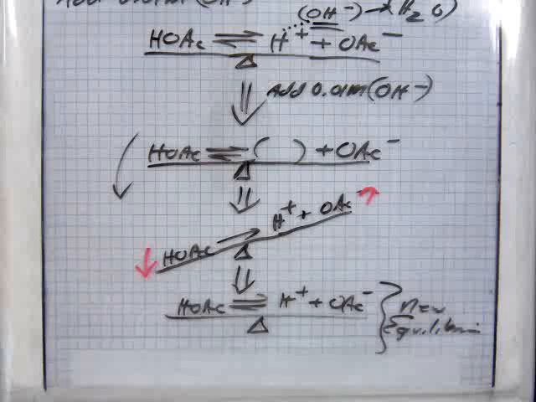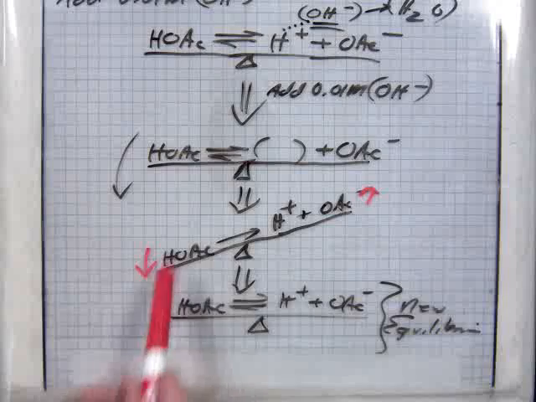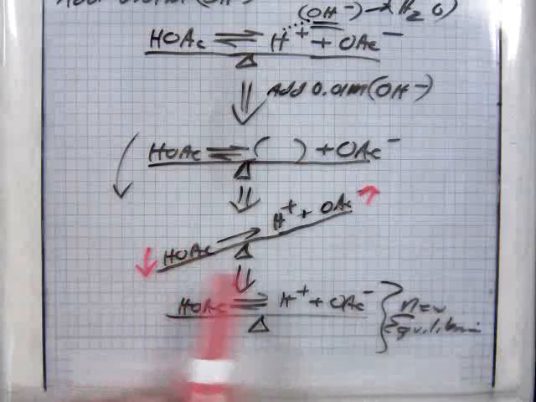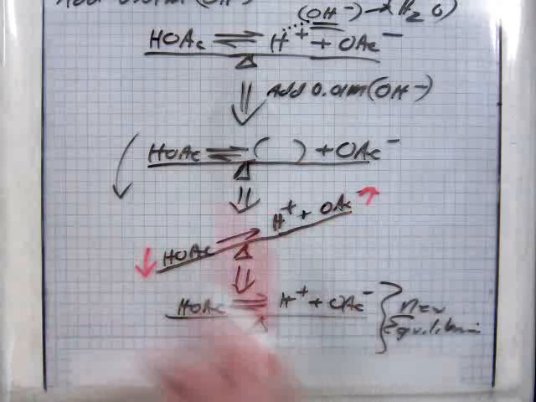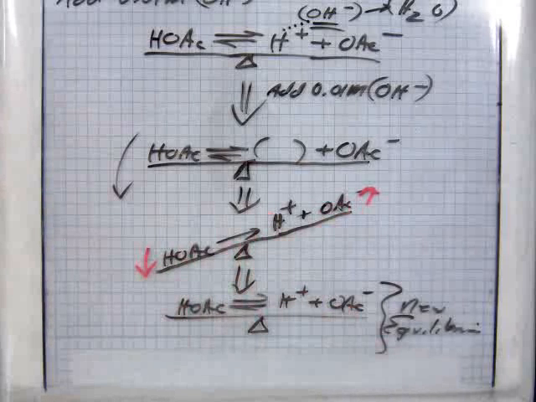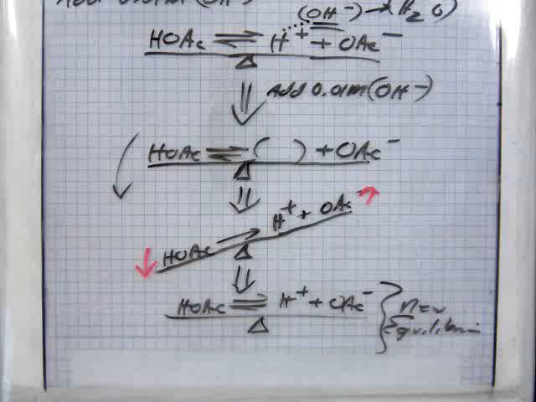You apply plus and minus 0.01 in that change row when you set up your ICE table, so that it shows a reduction in acetic acid and an increase in the salt concentration, and then you calculate the new hydronium ion concentration based on the final equilibrium row.